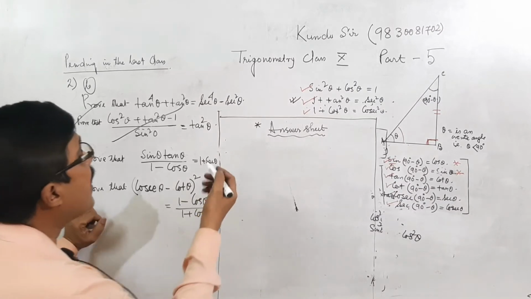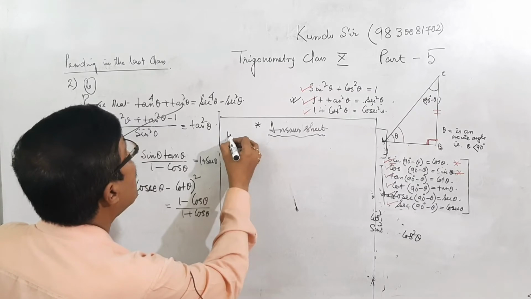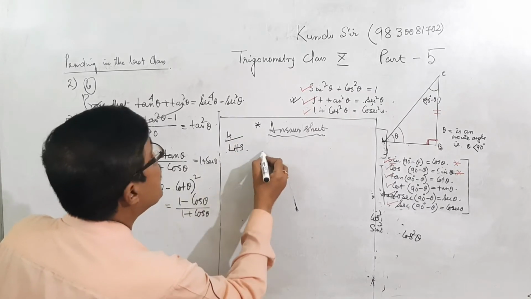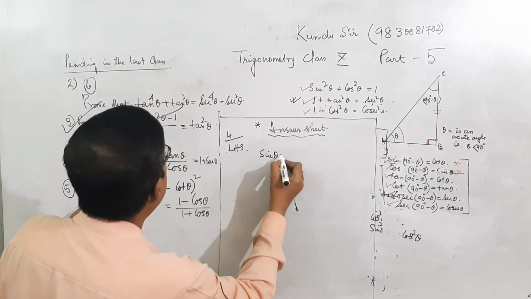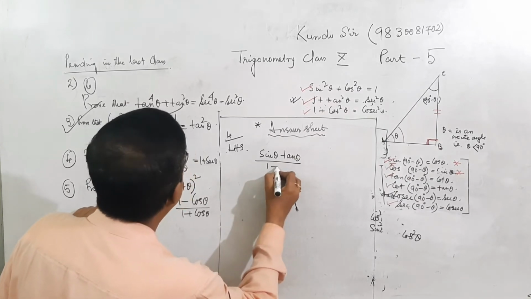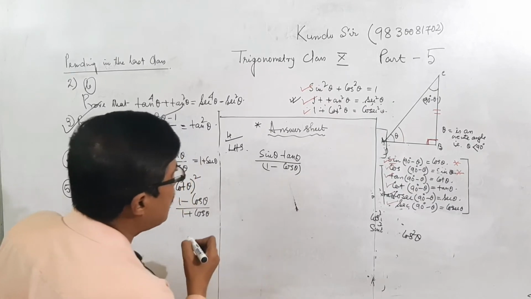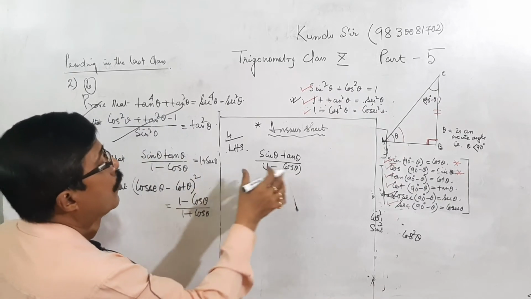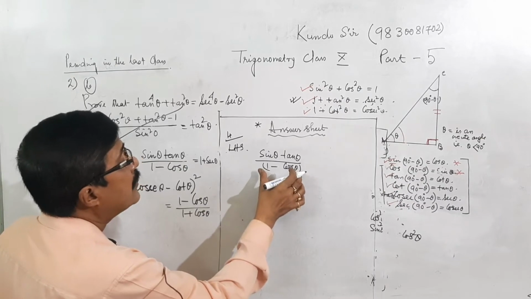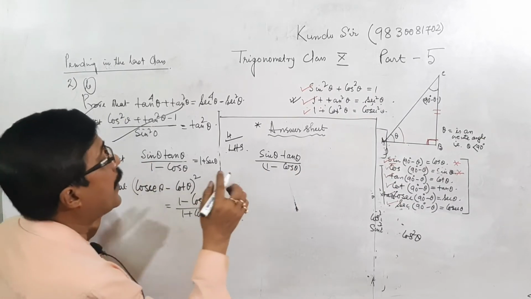First, the left hand side of problem number 4, sin theta into tan theta by 1 minus cos theta. In most problems of this type, we should multiply with the help of the conjugate pair.